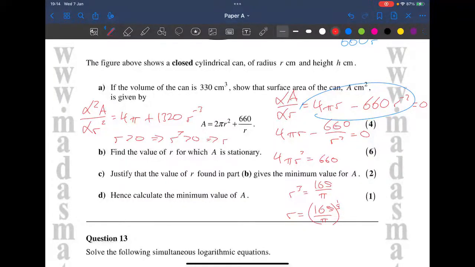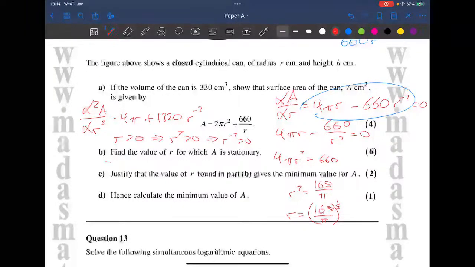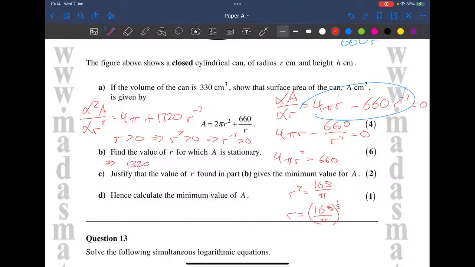So that tells us that r to the minus 3 is positive, which tells us that 1320 r to the minus 3 is strictly positive. And then if we add on 4 pi, we are again still positive. We'll move this all over a little bit, give me some more space.